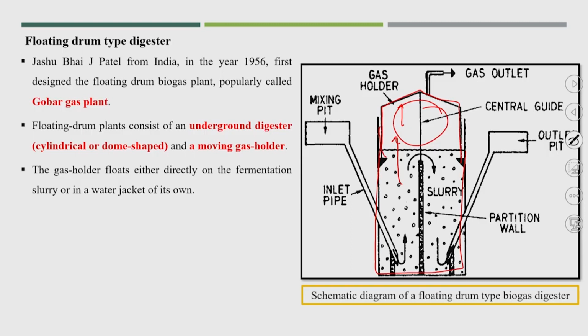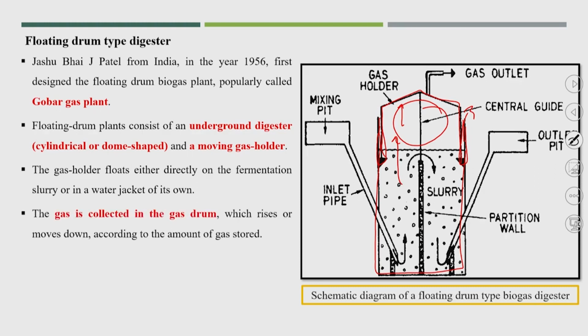The gas holder floats either directly on the fermentation slurry or in a water jacket of its own, because in this one there will be water, so that there will not be any leakage. So, there could be a water jacket, or it can float directly on the waste.